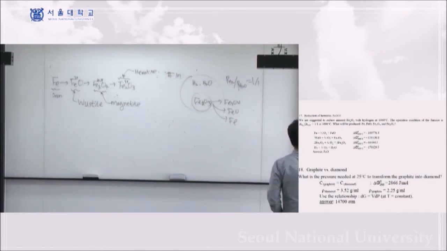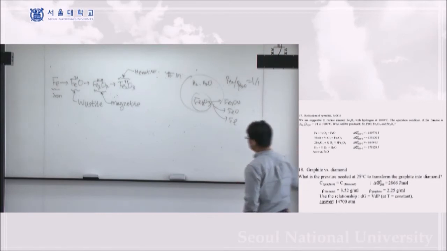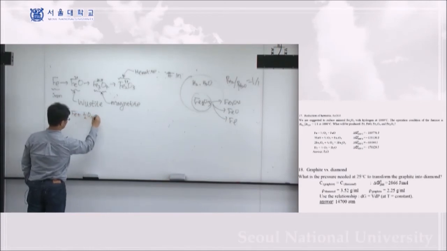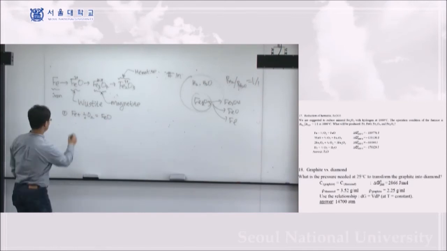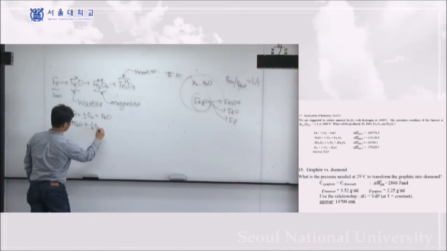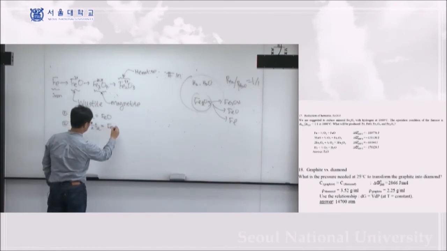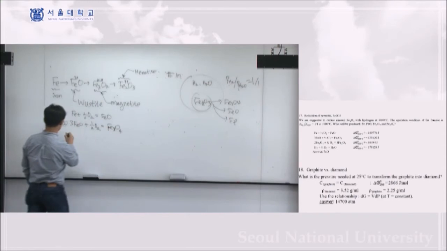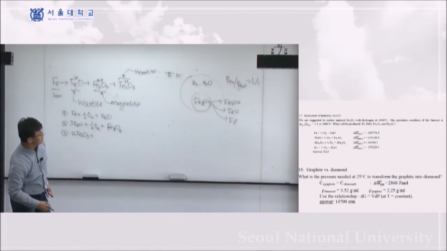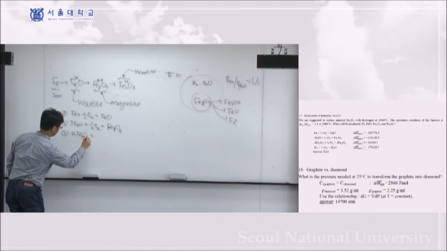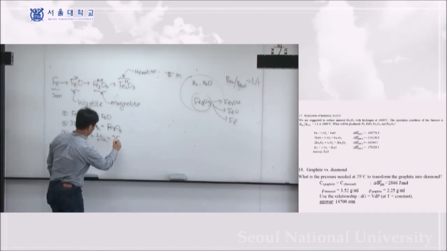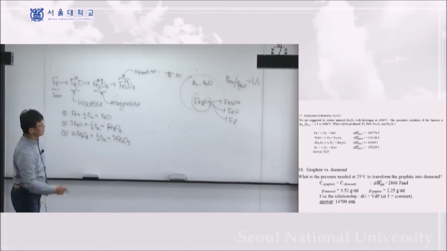Okay, so let's look at them one by one. If you look at Fe and oxygen, the first reaction is Fe, the second one is, and the last one is.